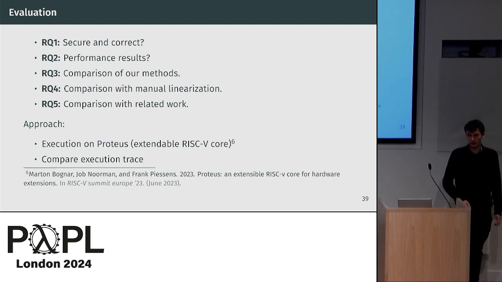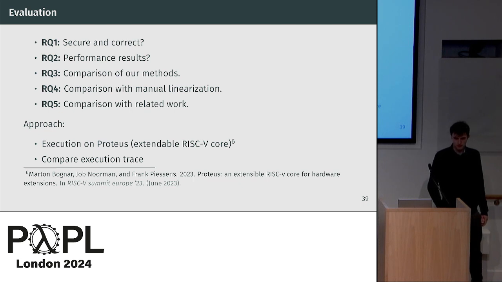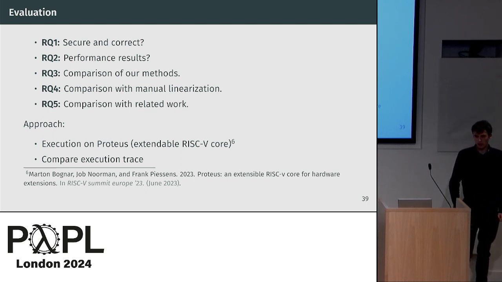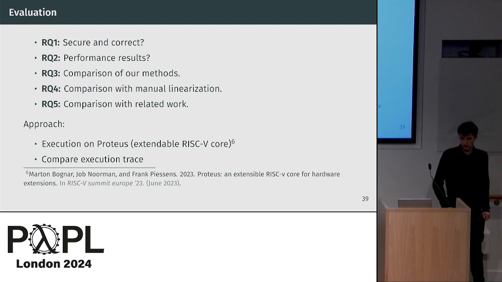How do our different linearization methods compare to each other and to the manual linearization with AMI? And how does it compare to the related work? The general approach is that we run programs on Proteus, an extendable RISC-V core, and compare the execution traces that come out of it.